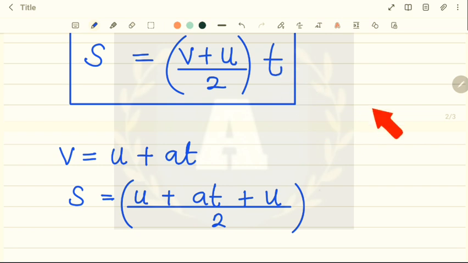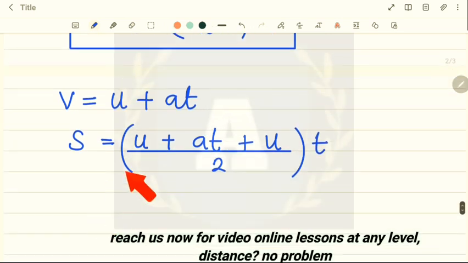Now we have t and another t, u and another u.